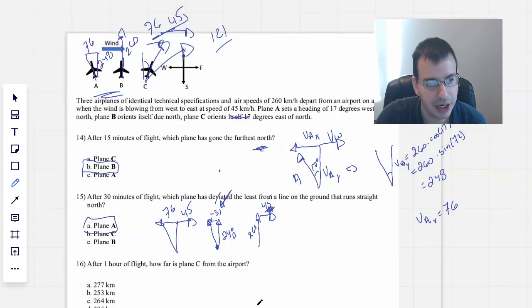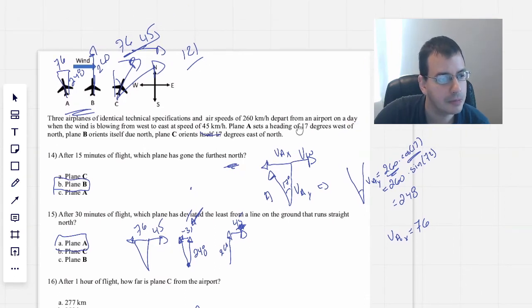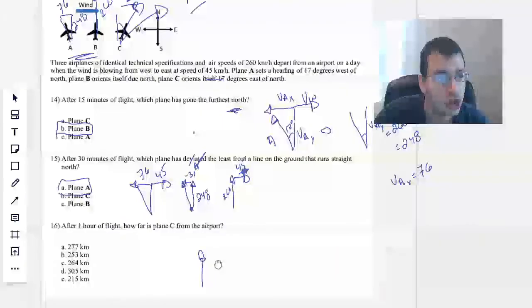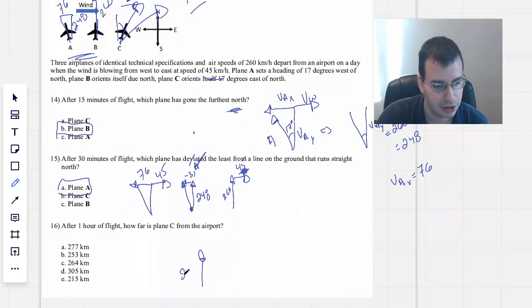Okay, so we're going to break C down into its components, where I calculated out the cosine of 17. They're both 17, right? Yep, I think they're both 17. Plane A, 17 degrees. C is 17. Yep, both 17. So we have 248 here.